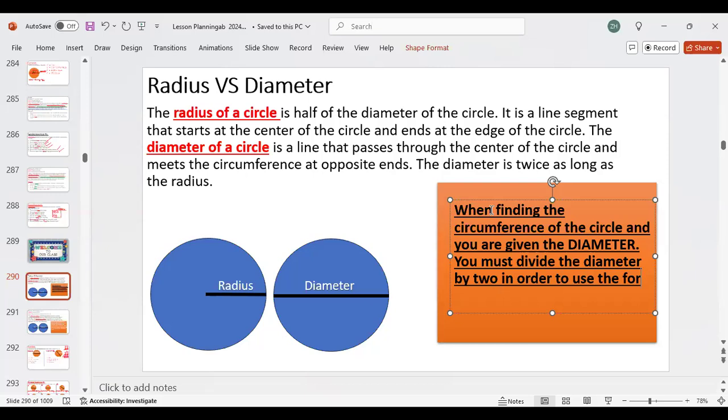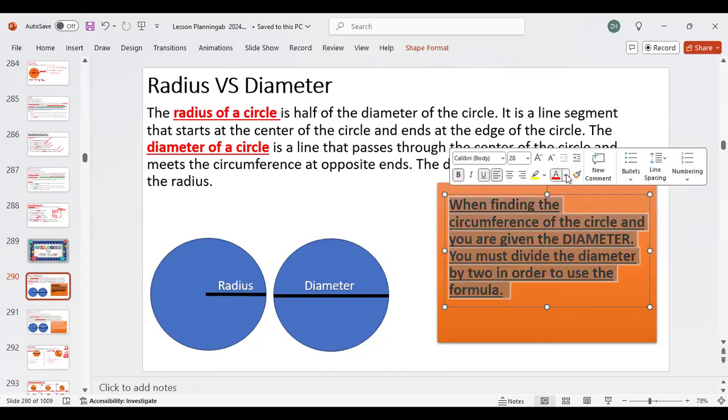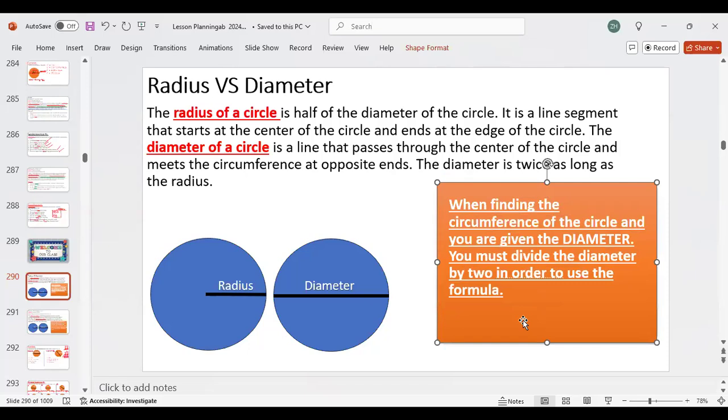All right. So that's what we're going to be looking at. If they give us the diameter, you're going to divide that diameter by 2 in order for you to use the formula.